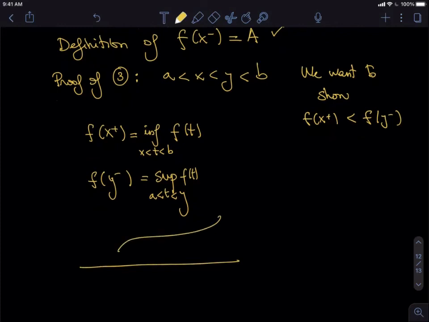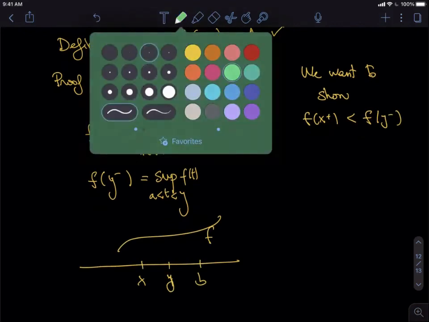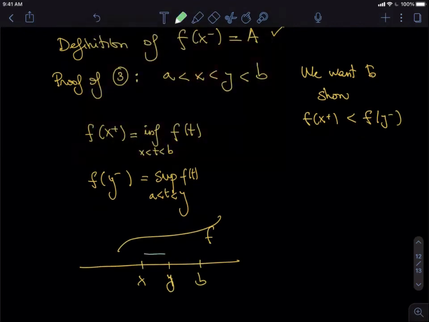Because see what happens. So we have our function f here. And this is x, this is b, this is y. And we are taking the infimum. In the first one, we are taking the infimum of f of t for all the t's that are bigger than x.